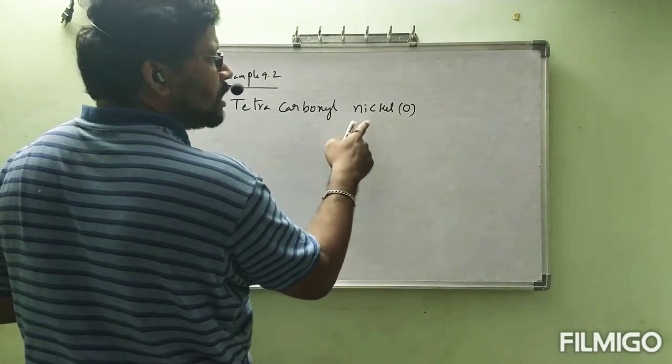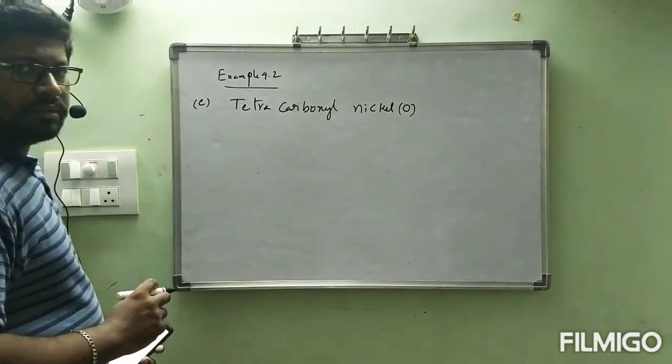What is meant by 0? The oxidation number on nickel is 0. That is the meaning.